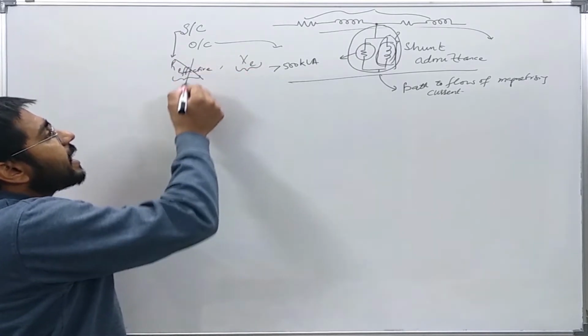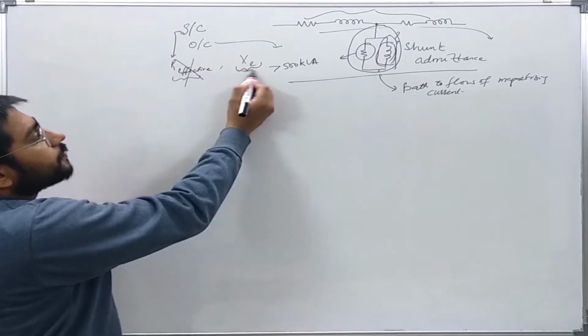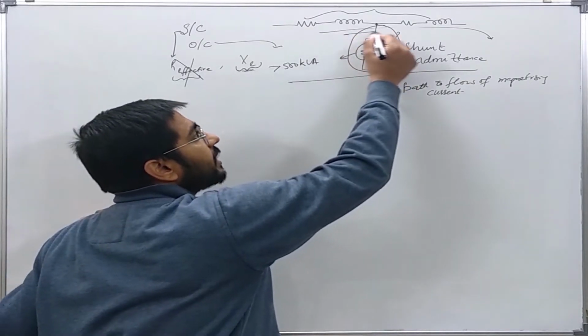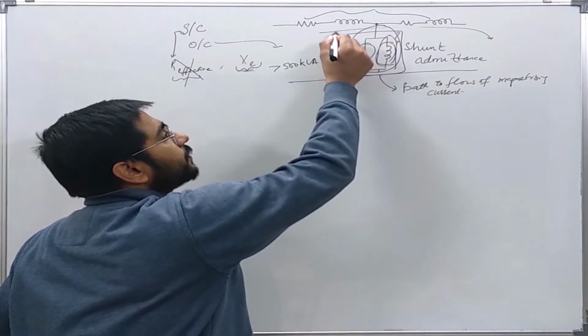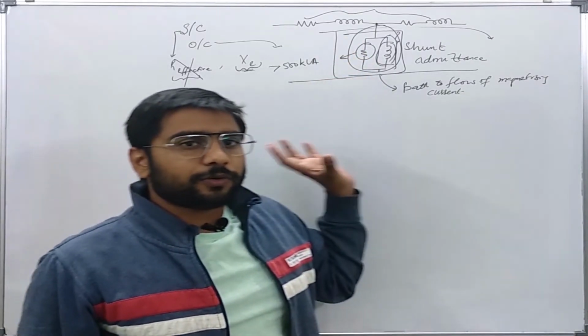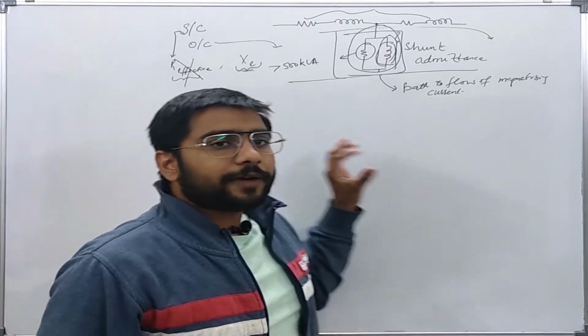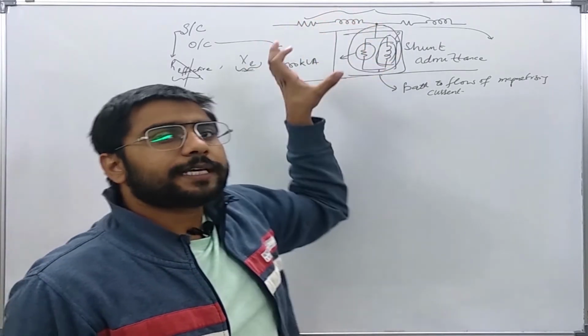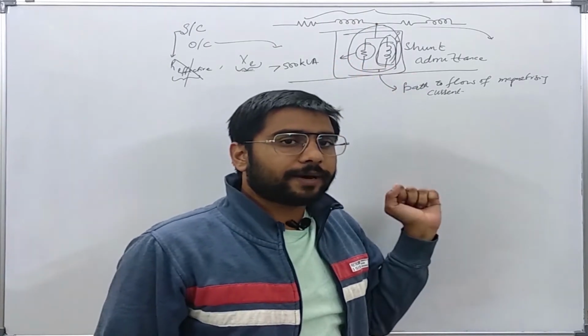This is very negligible as compared to this part. Similarly, we already know that this can also be neglected in the study of power systems. However, we will try to describe the effect of various components whenever sequence currents are flowing into the transformer.